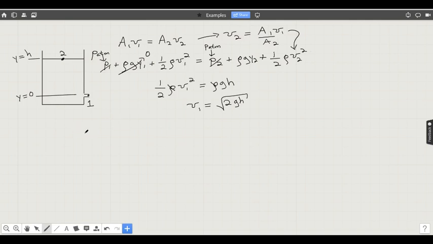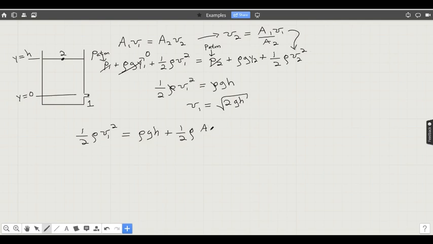So let's write that down, you would end up with 1/2 density times V1 squared is equal to this part here, which is density times g times h, plus 1/2 density, and let's plug in A1 over A2.